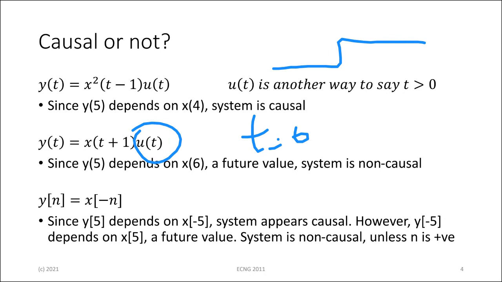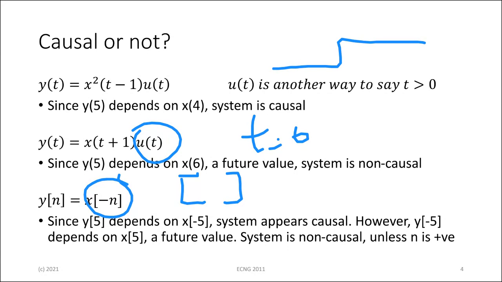Then you look at this other one down below. This is a discrete time system. As we said in the nomenclature, the fact that you see square brackets means that these are numbers or values. So here's a discrete time system, and y at instant 5 depends on x, a past input. So it appears causal.